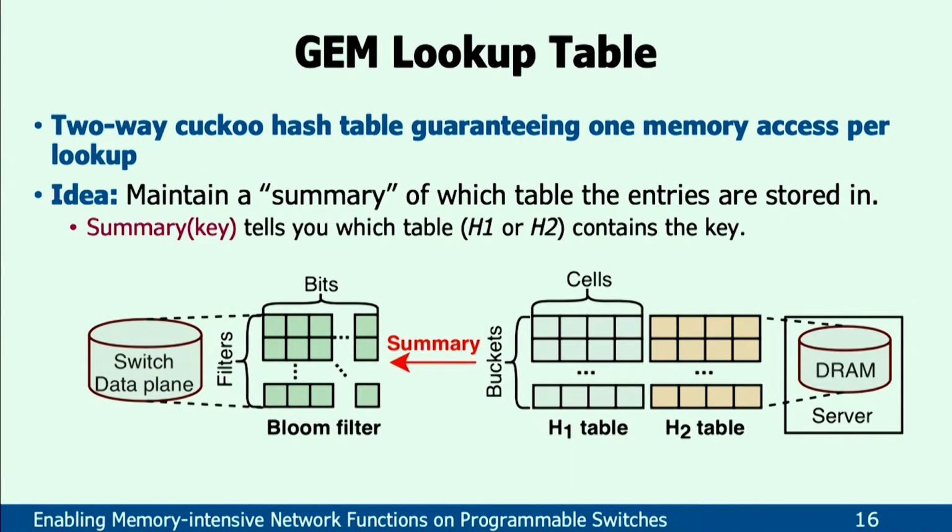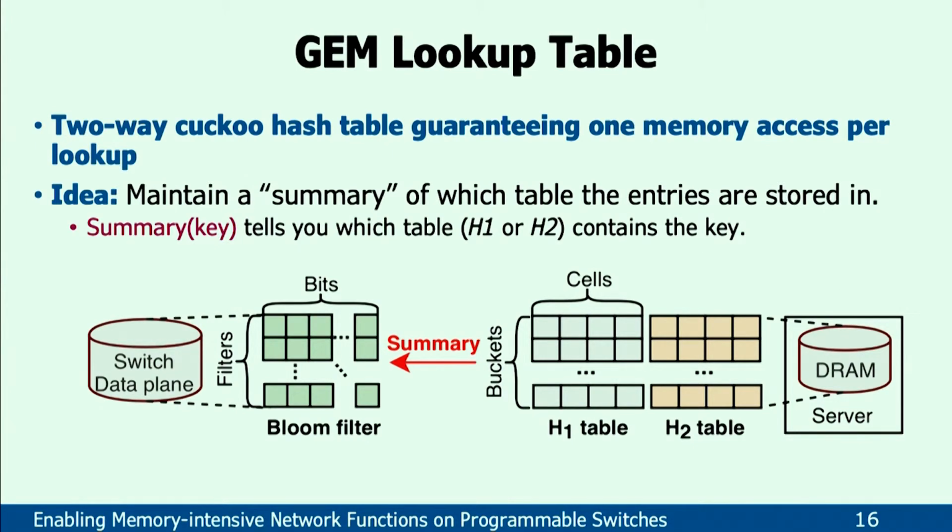The key idea is to maintain a summary of a cuckoo table on SRAM using a balloon filter instead of the whole mapping. So for a given key, such as the 5-tuple of the packet, this summary tells you which table contains the key so that the data plane can access the table without multiple DRAM accesses.